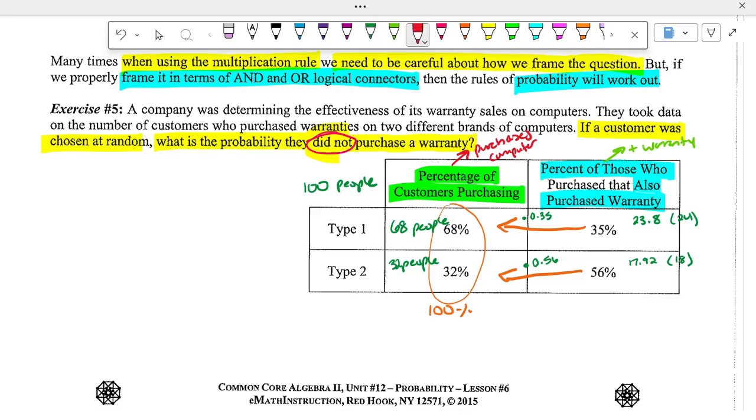If we think about it, we want the probability that they bought the Type 1 computer and no warranty. So in other words, it's the warranty complement. So that just means no warranty. We also want the probability that they bought the Type 2 and no warranty.